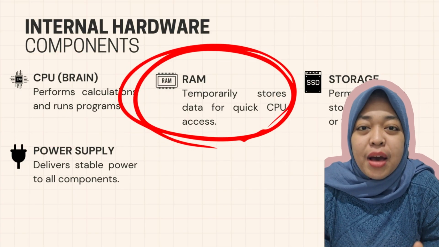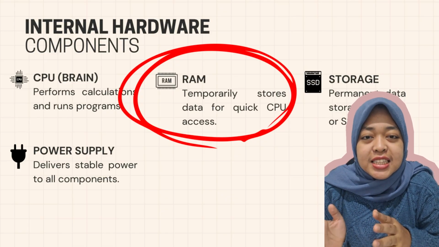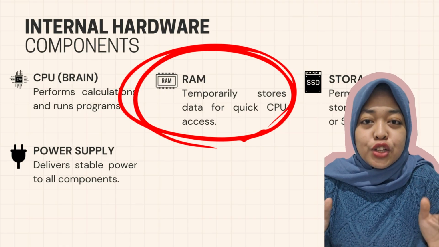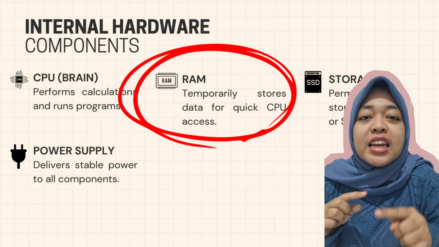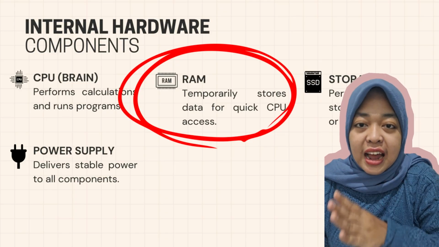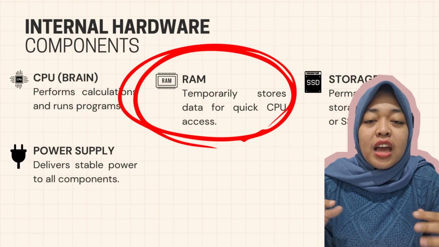And next, RAM. RAM works as the computer's short-term memory. It temporarily stores the data that the CPU needs, so tasks can run quickly and efficiently. But the data in RAM is lost when the computer shuts down.